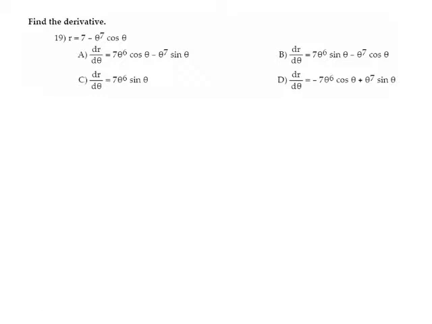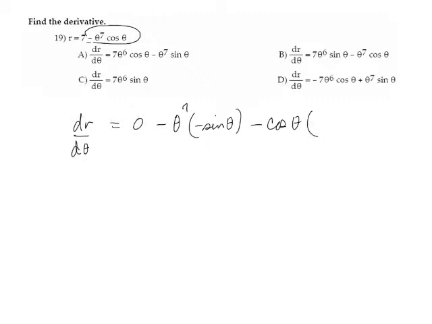Problem 19 is to find the derivative. dr d theta is going to equal 0 minus, using the product rule, theta to the 7th times the derivative of the second term, which is minus sine of theta, minus cosine of theta times the derivative of theta to the 7th with respect to theta, which is 7 theta to the 6th.